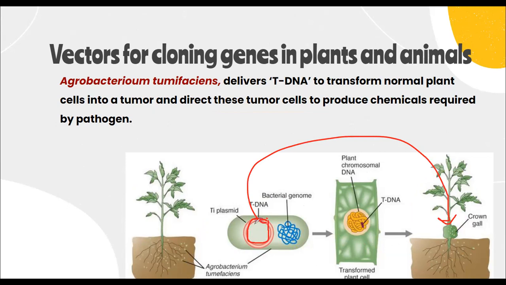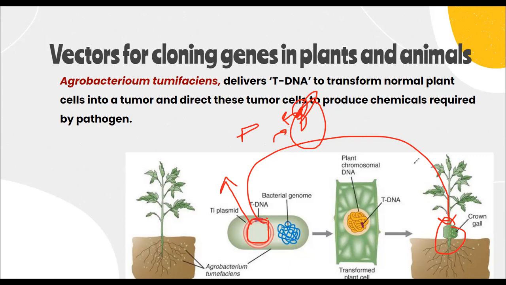So what biotechnology does is the Ti plasmid is modified genetically, meaning the disease causing segment, the tumor causing segment, is removed. This is the Ti plasmid, and this segment is causing disease. So this is removed, and in this place, what is inserted? Your desired gene can be inserted.